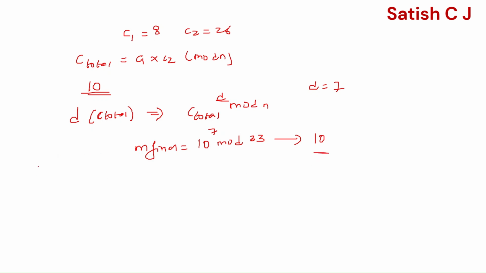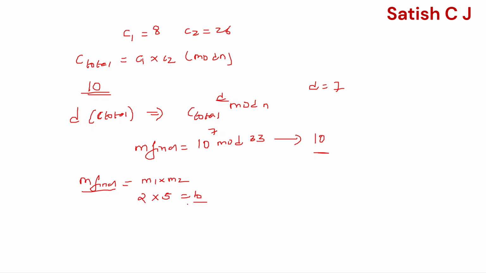And we have to verify whether the value we have computed is equal to the multiplication of the plain text. M1 is 2, M2 is 5. So we get 10. So M final is equivalent to the multiplication of the plain text.